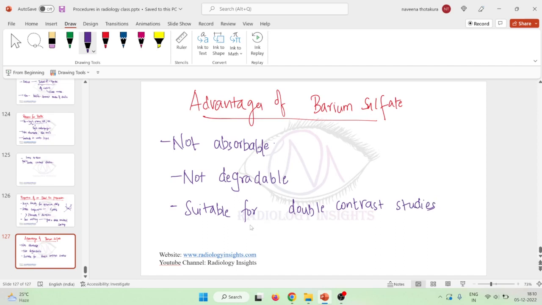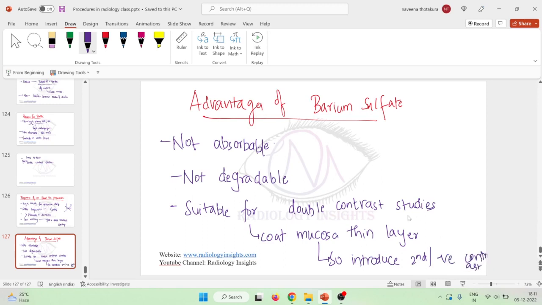Because this barium coats the mucosa as a thin layer, you can also introduce a second contrast medium. A second or negative contrast can also be introduced, and this contrast can also coat again. So it is used in double contrast studies also.